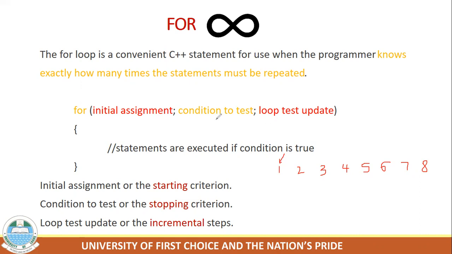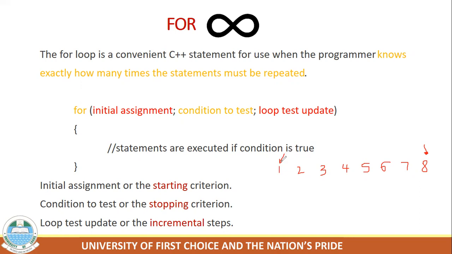Now, the condition to test, you need to test your stopping criterion. Where do you want to stop? Okay, let's assume I want to stop at 8, or when the number is below 8. So you start from 1 and you ask yourself, how do I want to increment my step? Do I want to take just 1 step or 2 steps?